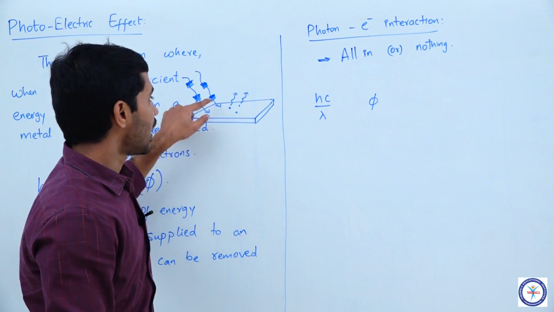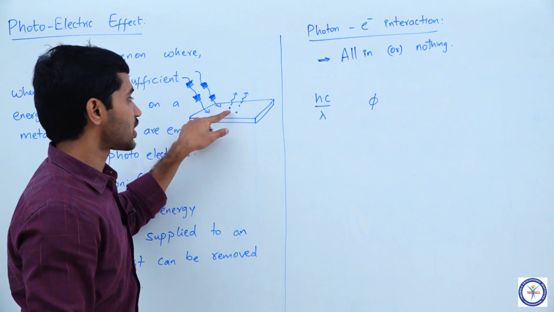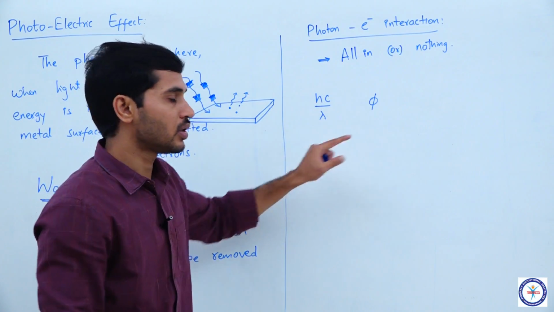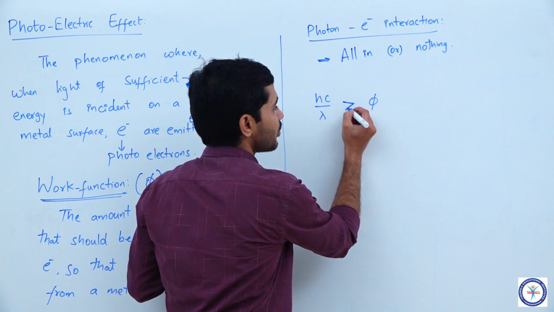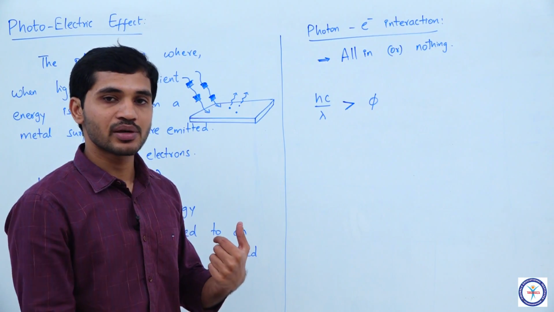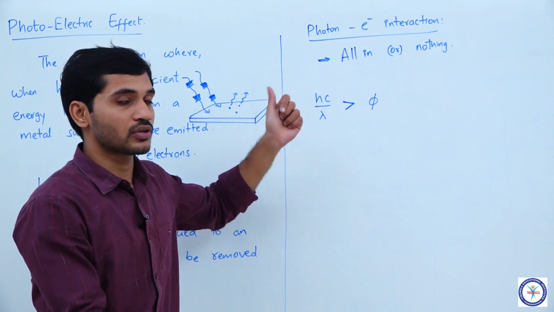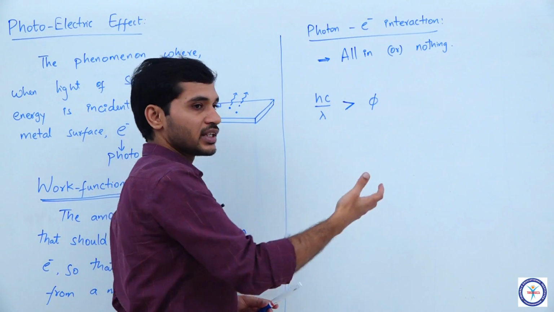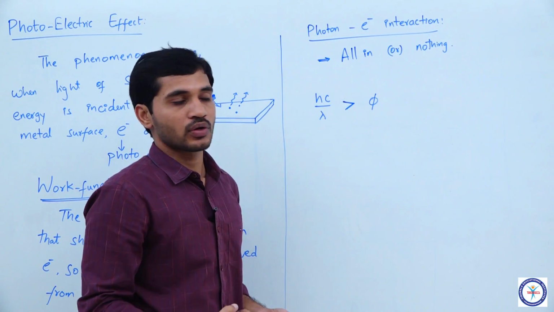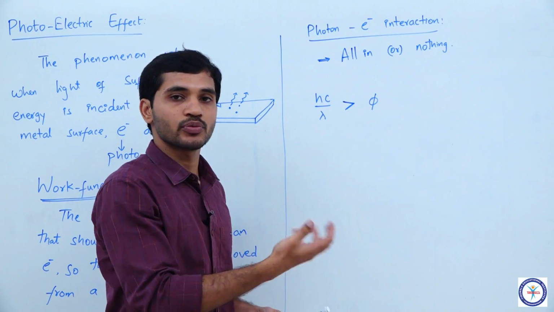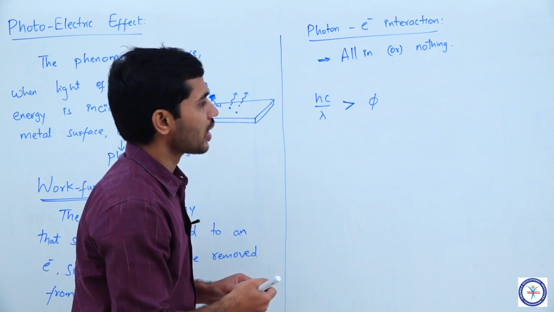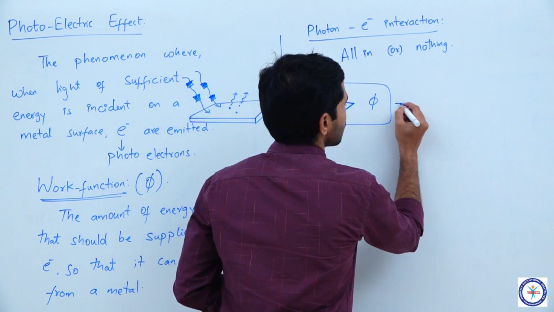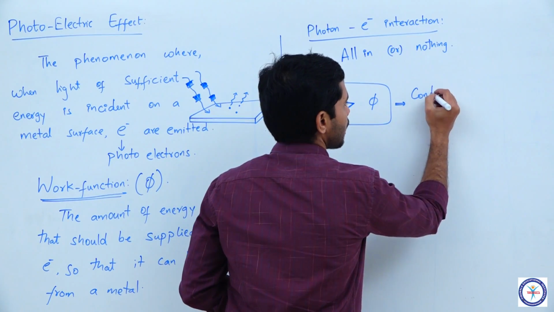Unless the photon which strikes this electron has an energy hc by lambda greater than phi, we will not be able to remove this electron from the metal. So, the photon should have more energy than what the electron requires. Only then may the photon remove that particular electron. So, this is the basic condition for the photoelectric effect to happen.